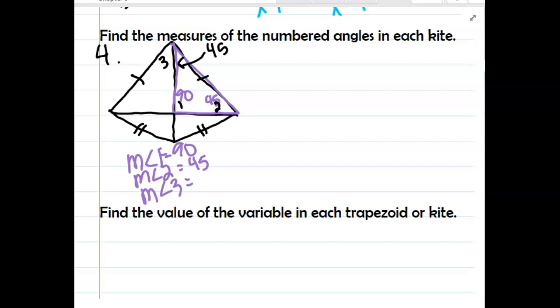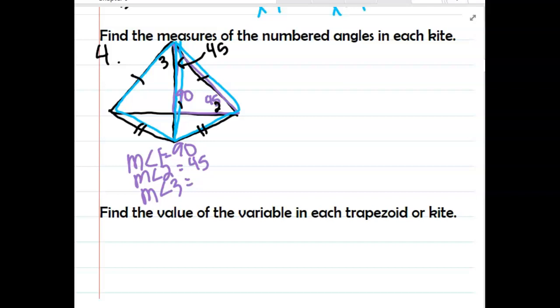But I had done the big triangle. So this triangle is congruent to this triangle. Anybody know what theorem or postulate we would use? Side, side, side. So you have congruent sides, and then the shared congruent side.